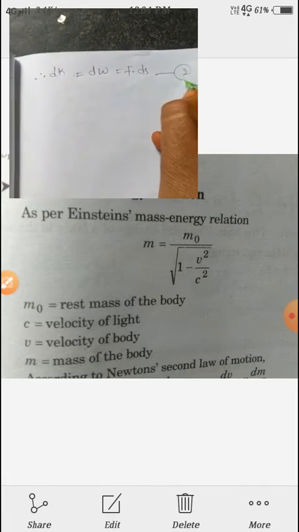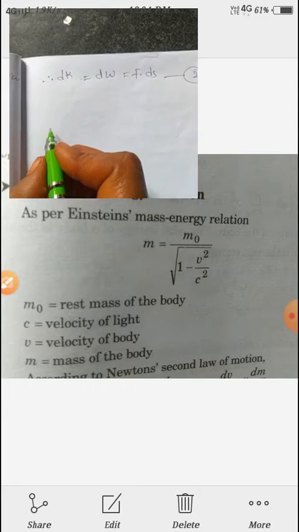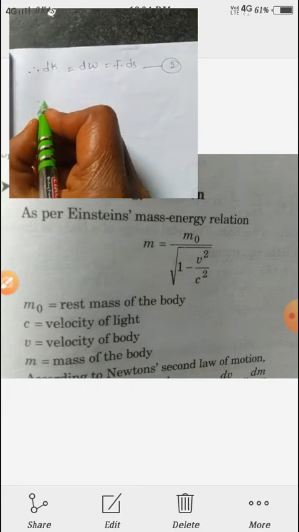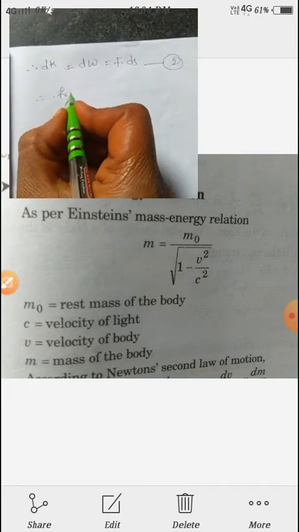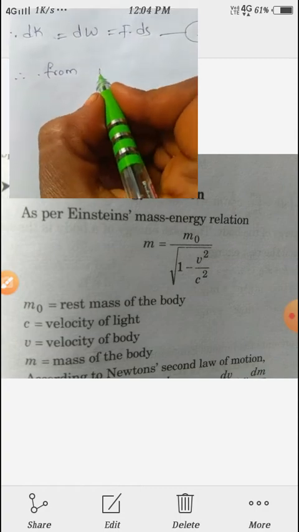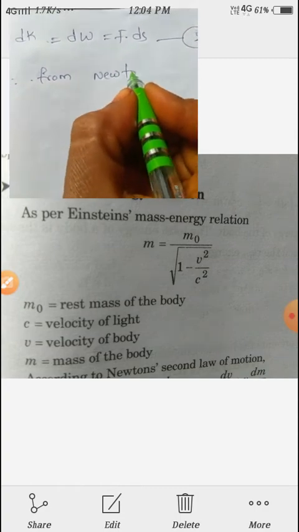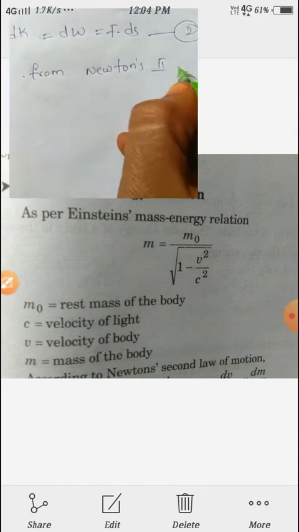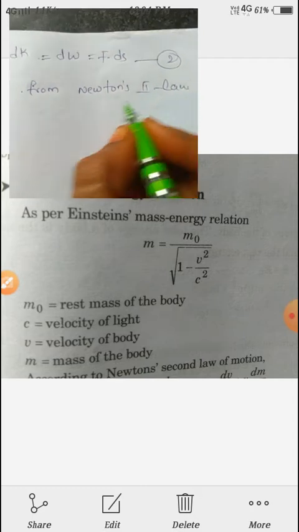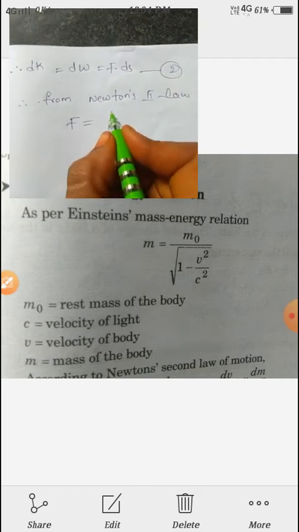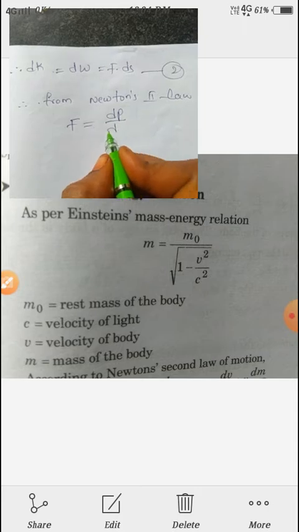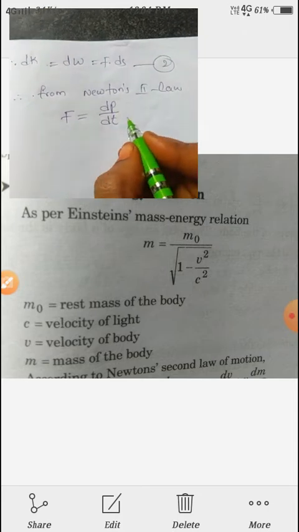This is equation 2. Here we know from Newton's second law that force is equal to rate of change of momentum, dp by dt.